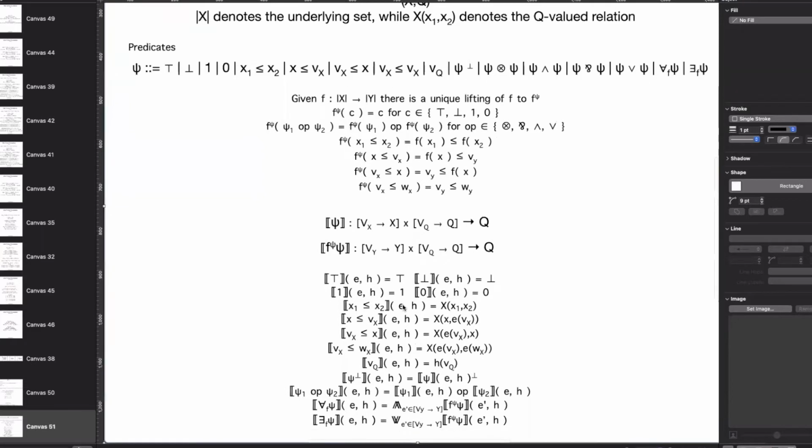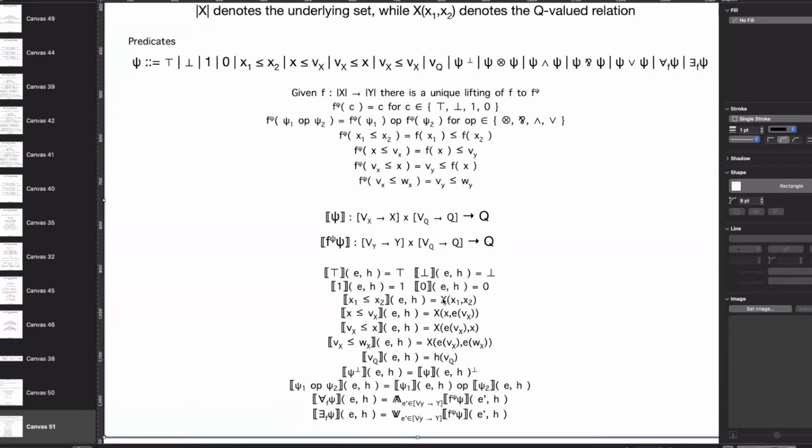Then the interpretation is quite straightforward with no surprises. The interpretation of the formula top is just the top of the quantile. The interpretation of the formula bottom is just the bottom of the quantile, and so on for the constants. The interpretation of the less than or equal to relation here is just the X relation, which is given in terms of the Q category.